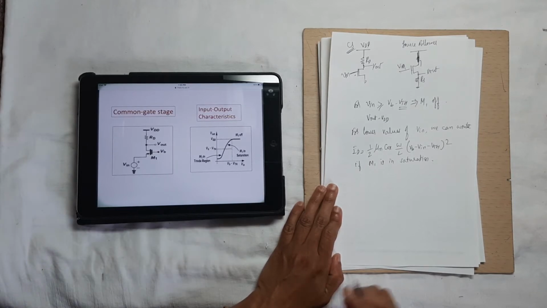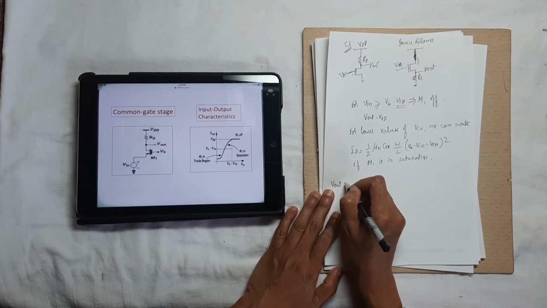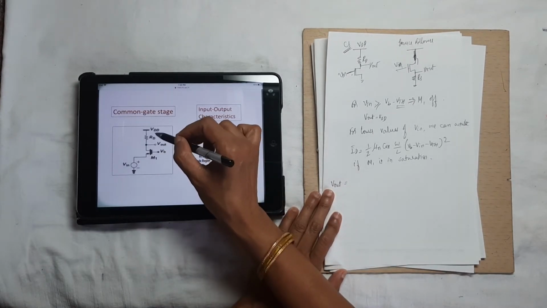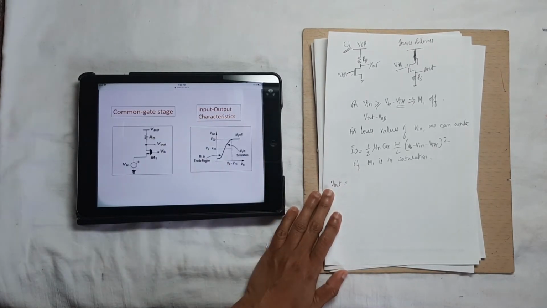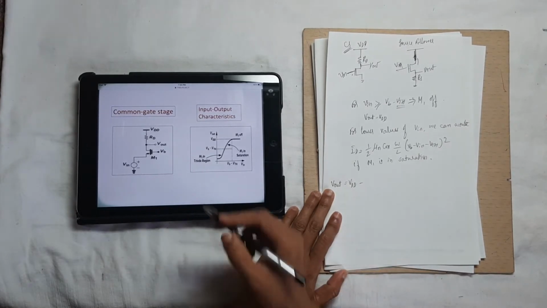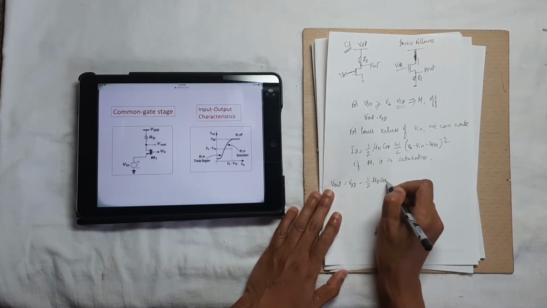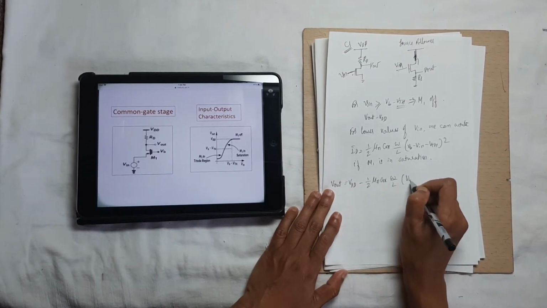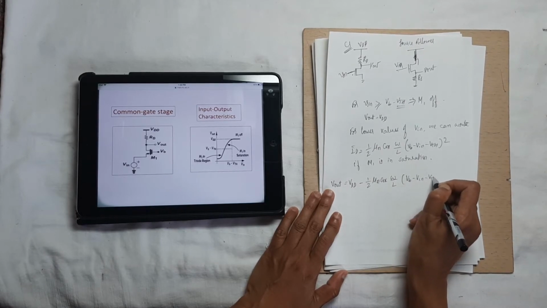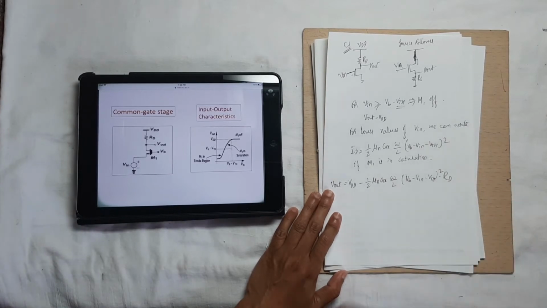If M1 is saturated, we can express output voltage as VDD minus the drop across the resistance RD. Vout is VDD minus the current flowing through RD, half mu n Cox W by L, VB minus Vin minus VTH whole bracket square, into the resistance RD.